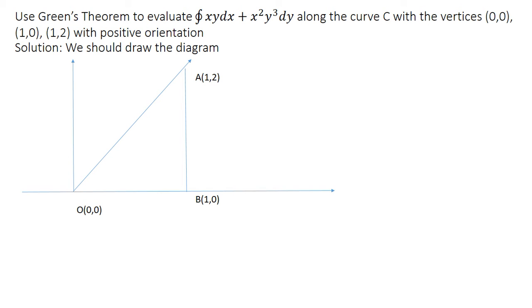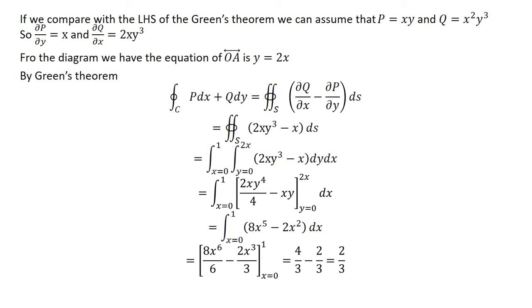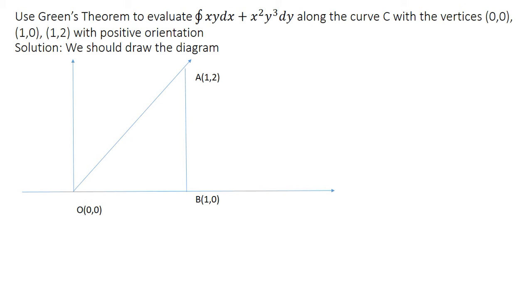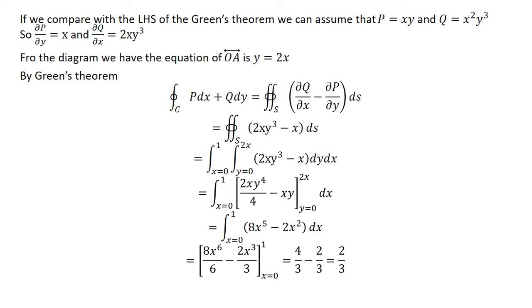Okay, so to solve a Green's theorem problem, we compare with the left hand side of Green's theorem, as in the previous slide. So xy, this function will be capital P, and x square y cube, that function will be capital Q. If we know capital P and capital Q, it is easy to calculate del P del y and del Q del x.